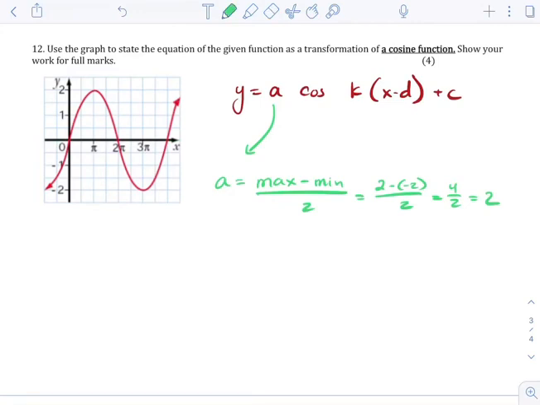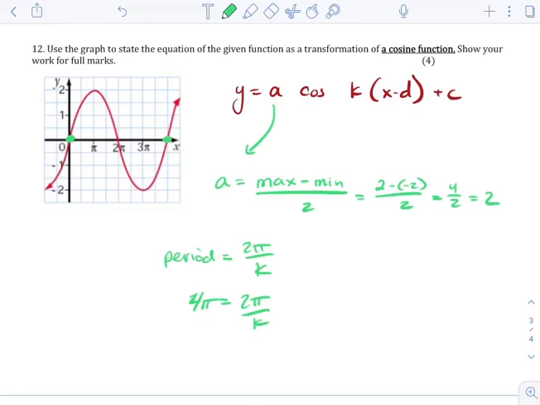Next one we look at is k. So I know that period is equal to 2 pi over k. So I can look at my period. I see it starts at 0 and ends at 4 pi. So 4 pi is equal to 2 pi over k.